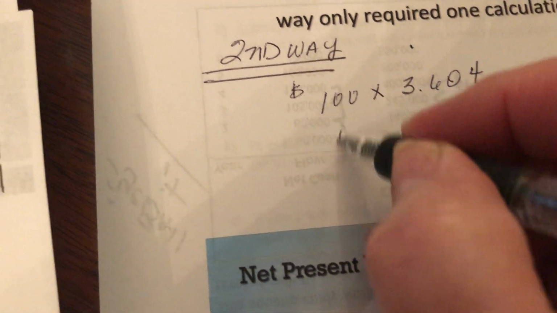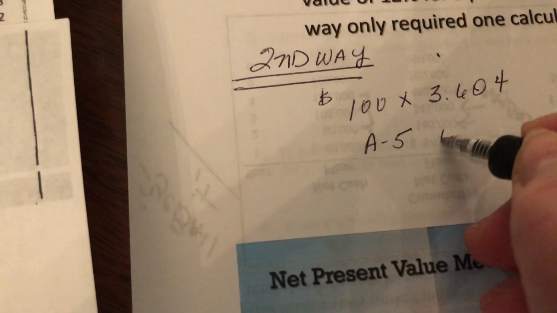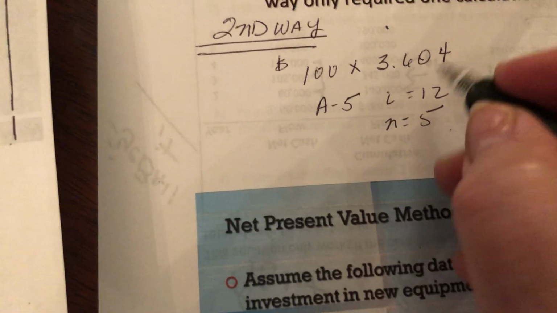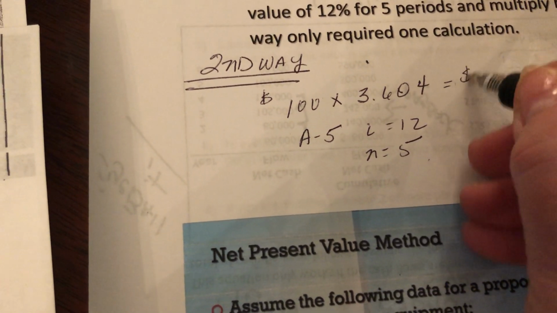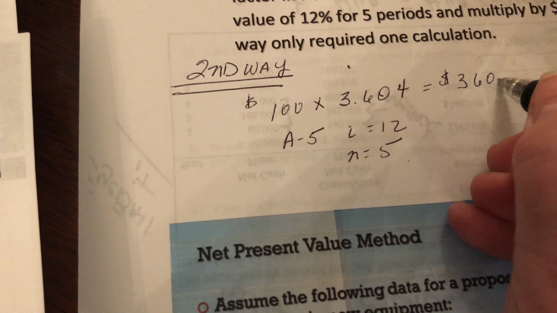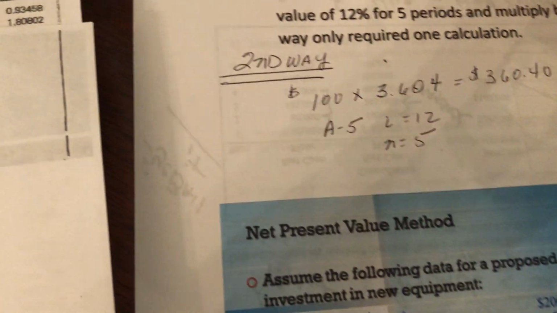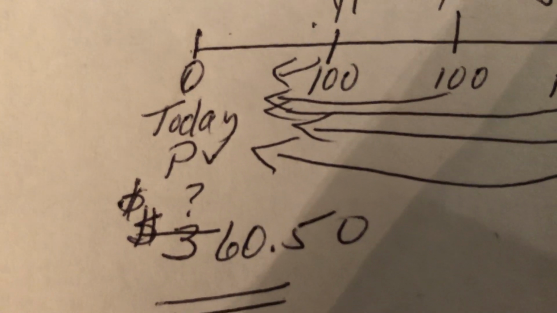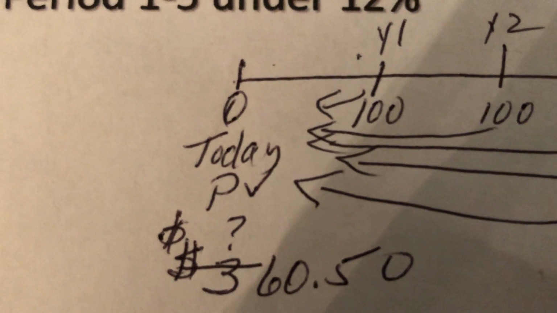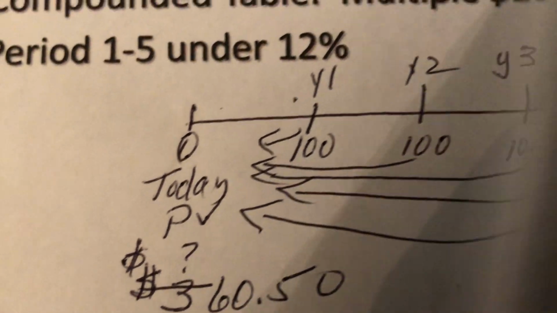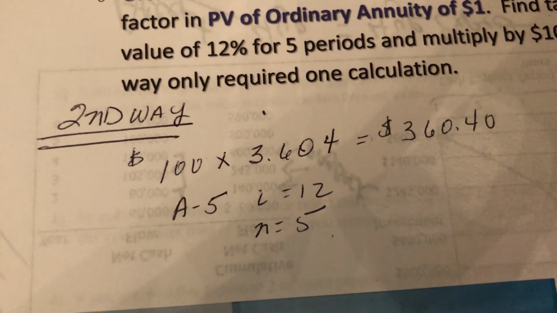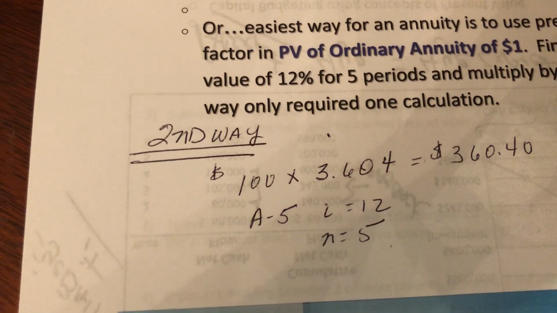What you want to do is on A5, you want to find I is equal to 12, N is equal to 5, and when you do that multiplication, this is going to give you $360.40, which is the same amount, a little bit off because we didn't round, $360.50. Okay, so it's close if you round it up a certain way. And this is using a different table, and it's just one calculation rather than 5. So I should have shown you that.